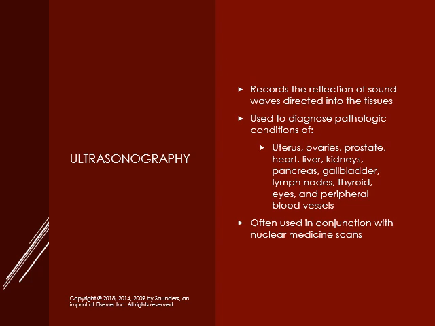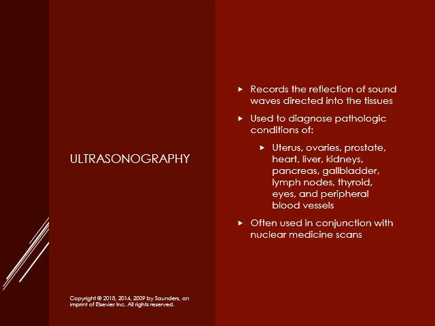Patient preparation depends on the type of sonography or sonogram that is desired. For instance, for an individual having an abdominal sonogram, the patient is asked to drink a little water before the procedure. A gel or lubricant is applied to the skin over the area to be examined. The technician then uses what is called a transducer, which looks like a wand, and scans it over the area with slight pressure.